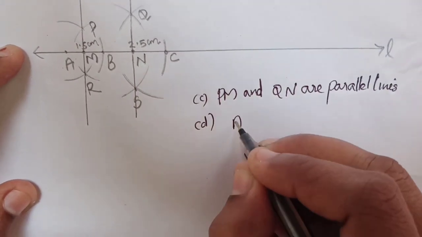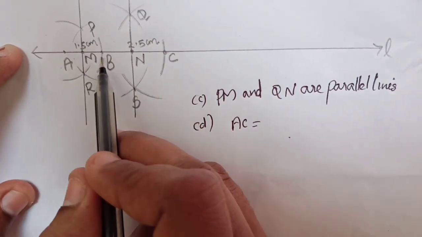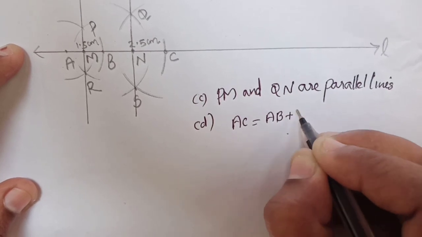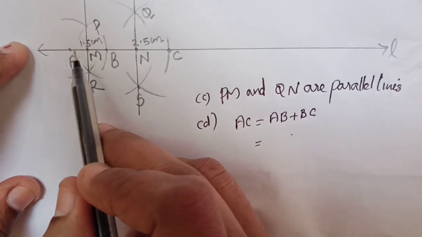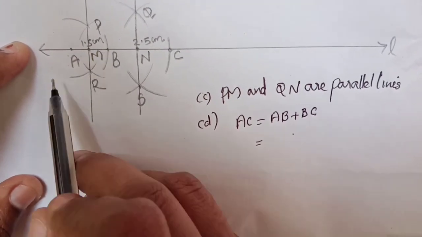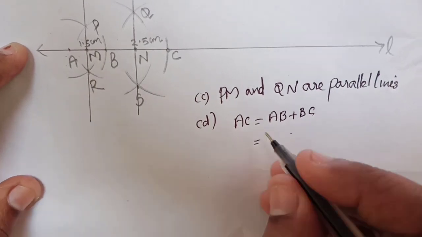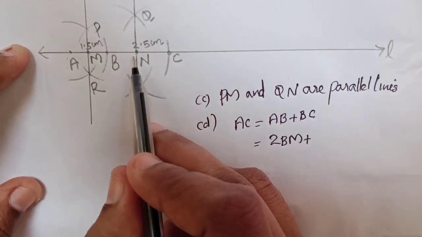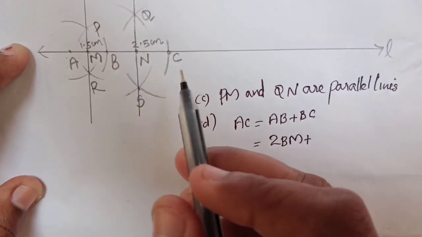So AC can be written as AB plus BC. M is the midpoint of AB, so AM and BM are equal. So AB is equal to 2BM. N is the midpoint of BC, so BC is equal to 2BN.